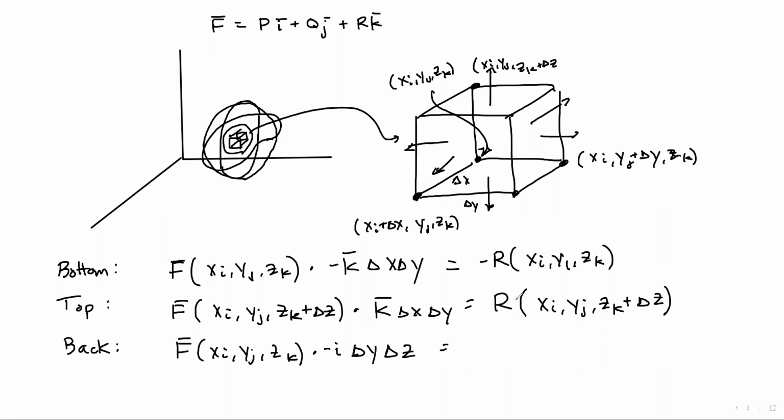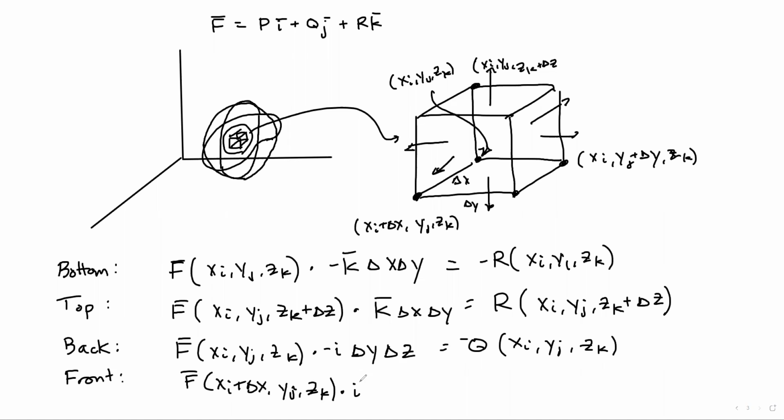And if you go ahead and dot product those, you're going to get negative P at x sub i, y sub j, z sub k. And then for the front, we'll do F of x sub i plus change in x, y sub j, z sub k, dotted with i, change in y, change in z.